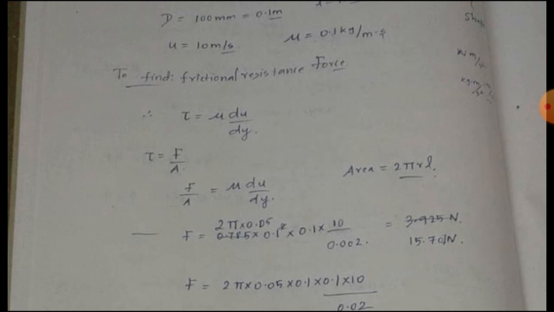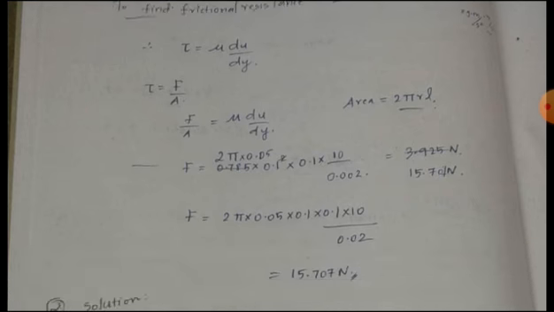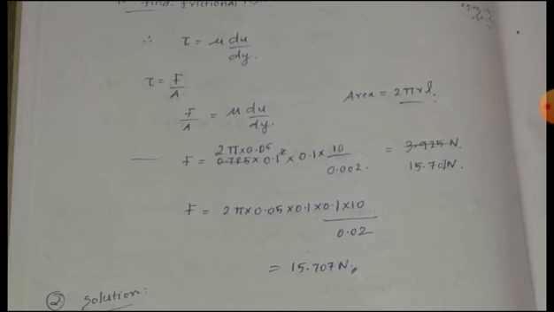Substituting in place of tau, we can find the force, which is the frictional resisting force. That's a simple calculation only. Substitute the corresponding values. We know all the values, and if we substitute, we get the answer as 15.707 Newton. This is the answer. Okay, that's it for today.